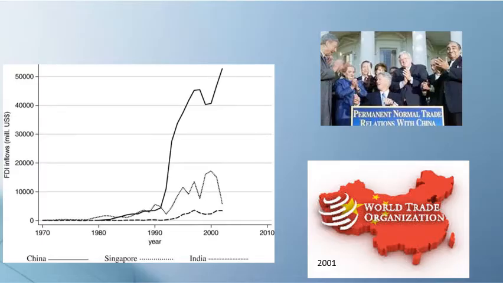Then the next thing that happened was that in 1994, under pressure from lots of US manufacturers, Bill Clinton decides to delink human rights issues from economic ones.